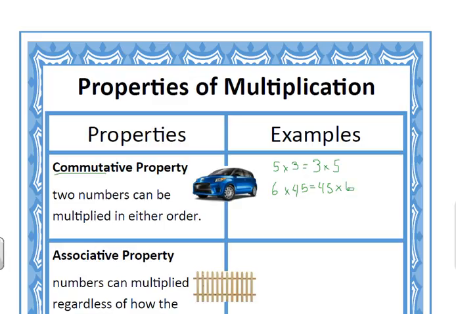So that's commutative property. Pretty simple. Commutative, they move around. A lot of times you're going to see, okay, 6 times 45 is the same as blank times 6. What would that be? It would be 45. These are the easy ones, so just think commutative, they move around. All right, let's move on.